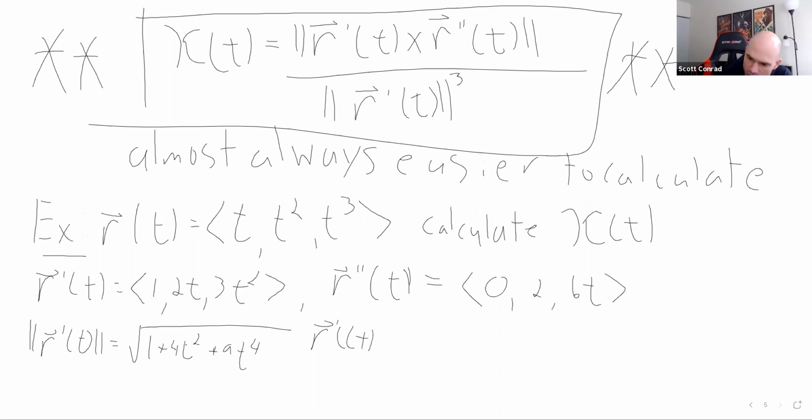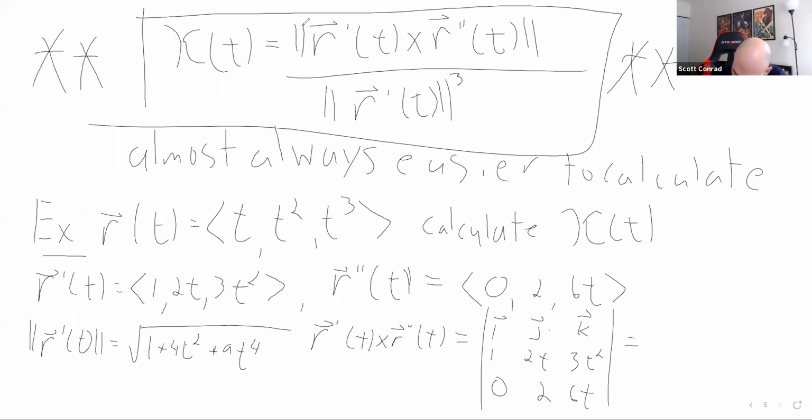And then r prime of t cross r double prime of t. So we get 1, 2t, 3t squared, cross 0, 2, 6t. Really quickly, when we do that, we get 12t squared minus 6t squared, so 6t squared, then 0 minus 6t, so negative 6t, and then 2.